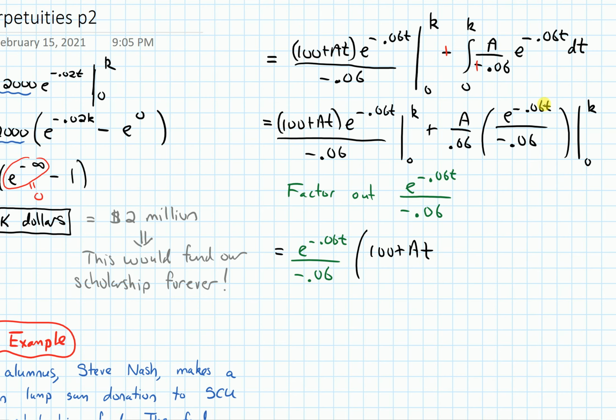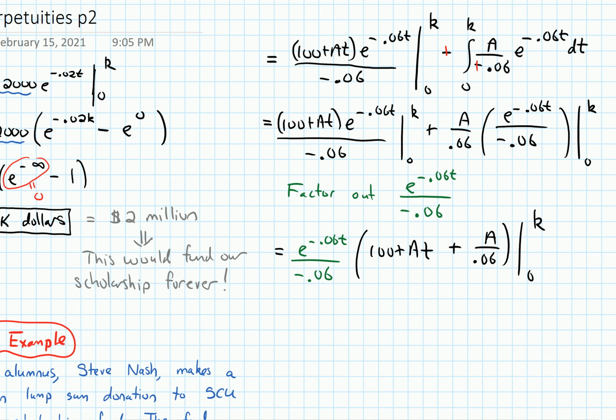From the second term that came out of the antiderivative, we took out the negative 0.06, so now we're left with a plus, divided by 0.06. All right, and then I have to plug in the 0 and the k. So factoring that out means I just have to plug in to this, and this just looks a little bit simpler.